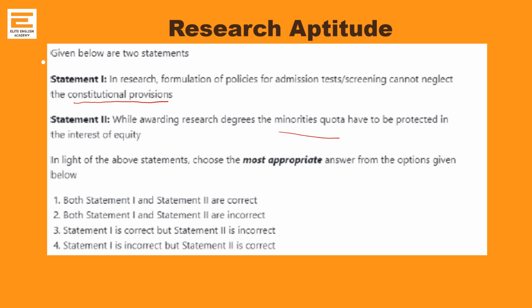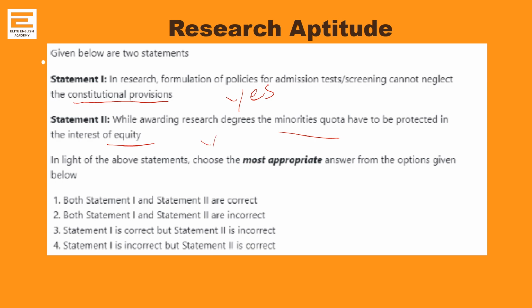First statement and second statement, are they right? When we make admission to students to the university, should we follow the rules of the government? Yes. Statement 2, while awarding research degrees, should we follow the equity process? Equity is like equality, more than equality, equal opportunity, to ensure equality in society.